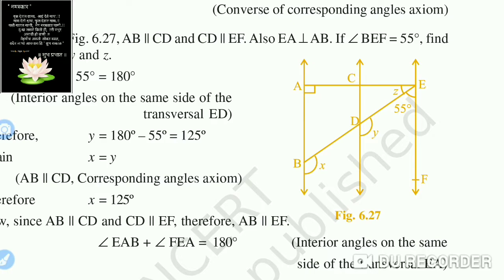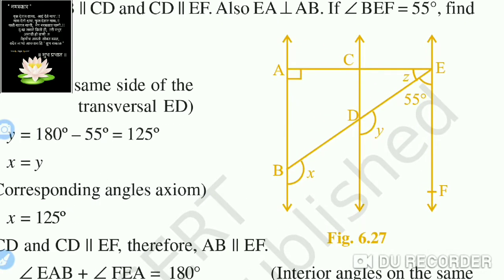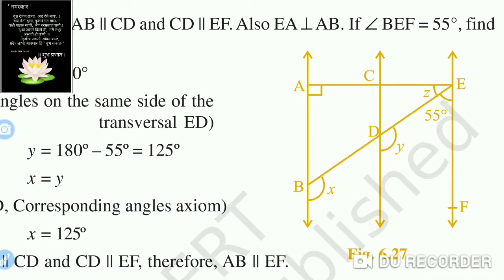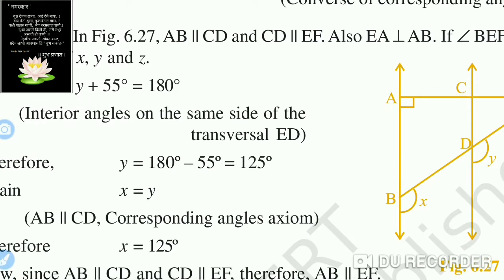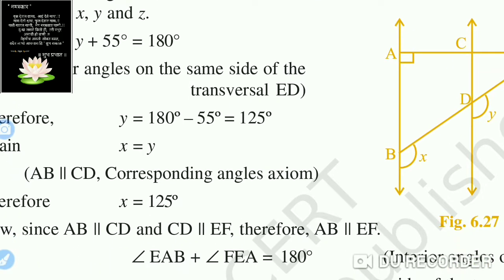Now all of you can see these are the parallel lines. AB is parallel to CD, CD is parallel to EF. And if two parallel lines are there, then the sum of their interior angles is 180 degrees. So y plus 55 is equal to 180 degrees. That is interior angles on the same side of the transversal.